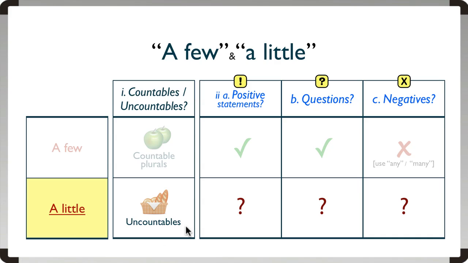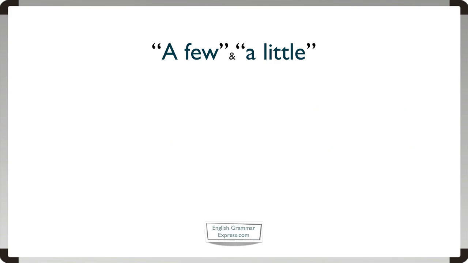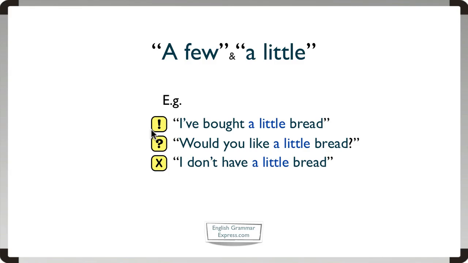Does this work with positive, question, and negative sentences? 3 more sentences. The first in the positive, I've bought a little bread. Does this work? And the answer is, yes, it does. A little is fine with the positive. Next, in the question, can we say, would you like a little bread?